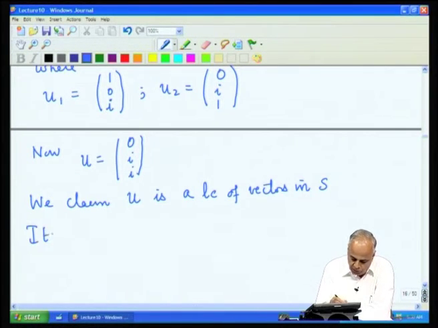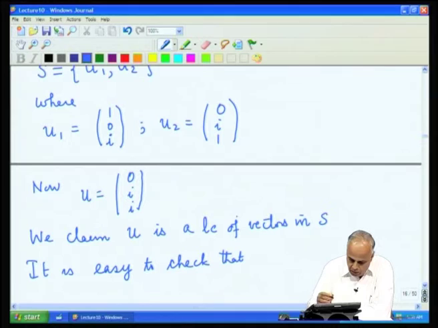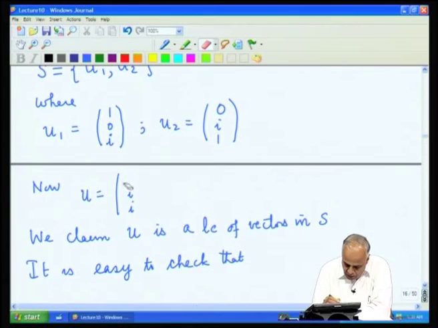Again, it is easy to check that, I am sorry, let me make a slight correction here. This should be i and this should be 0.